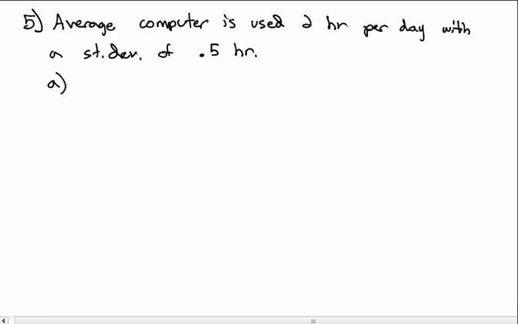We're going to answer several questions about this, but let's first identify the 2 hours per day. That's the average, so 2 is going to be our mu. 0.5, that's our standard deviation, or our sigma.